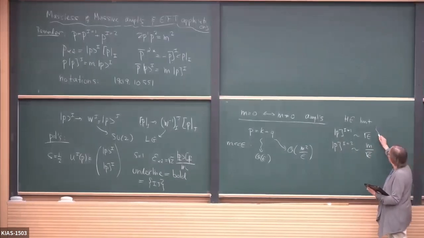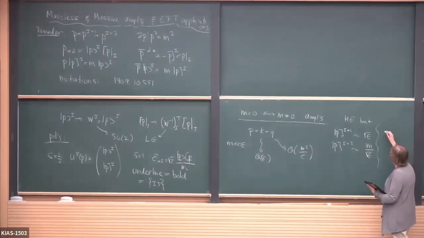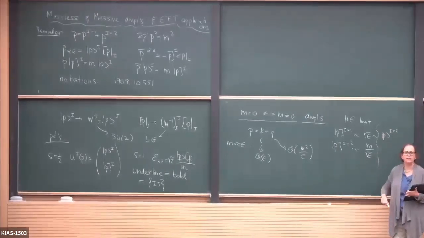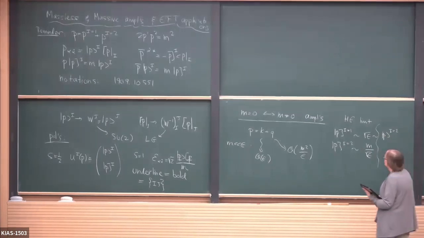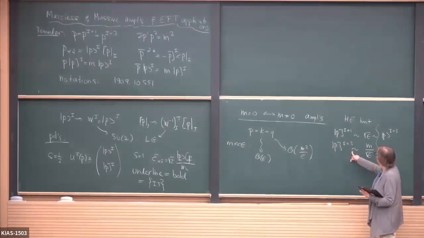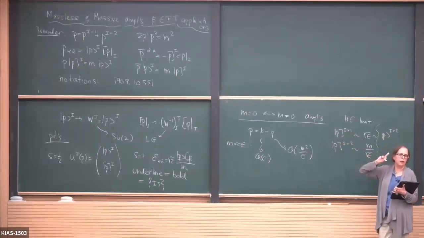And for the angle spinors, it's the other way around. This angle spinor with I equals 2. Question? This is a spinor, so it has to be dimension 1/2.